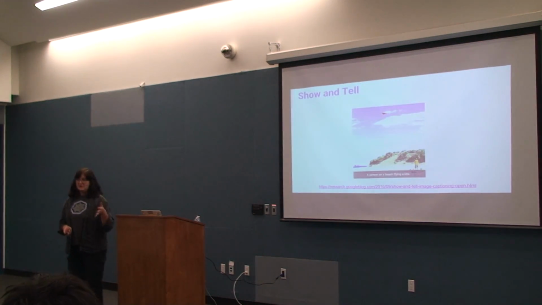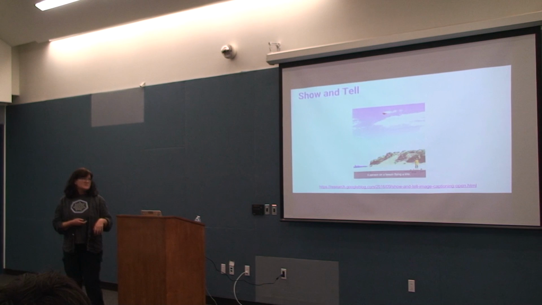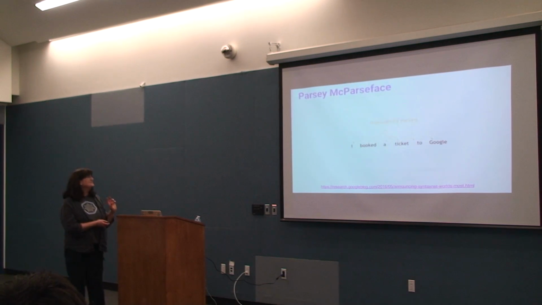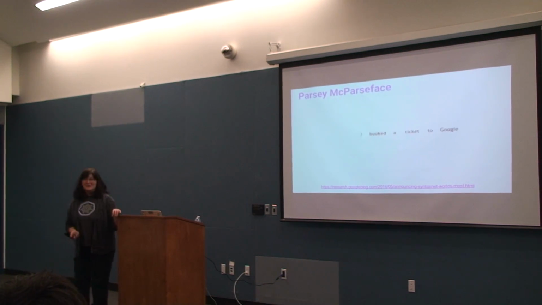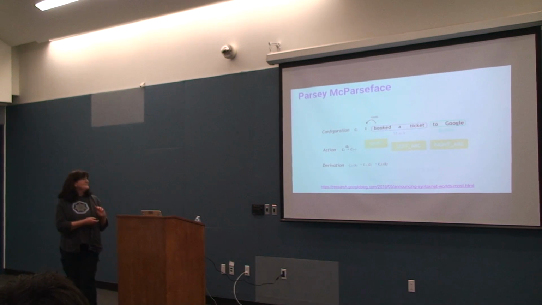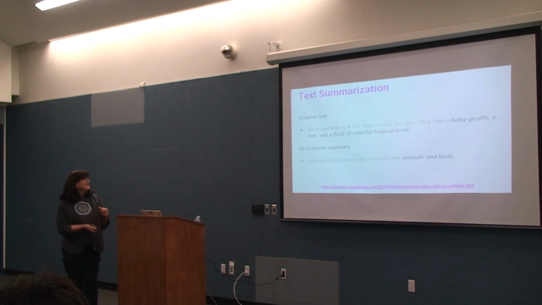Something called Show and Tell, which supports image captioning. Here just the graph was open sourced, not the trained variables, so you have to train it yourself if you want to use it. Something called Parsey McParseface, which does syntax diagramming, like you probably had to do in grade school, and a little bit more besides.